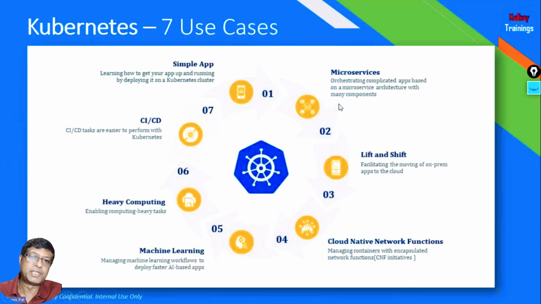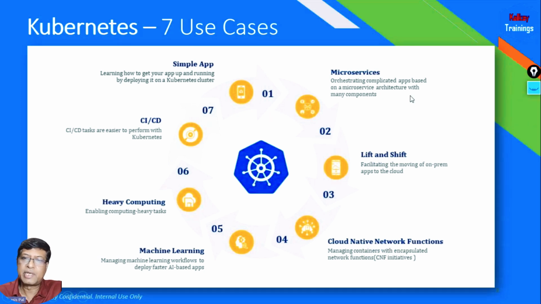There are 7 use cases why industry has adopted Kubernetes over anything else. I'm not going to go into details, but just for the headings: how to get your app up and running by deploying it on a Kubernetes cluster. Kubernetes is a master of doing that.